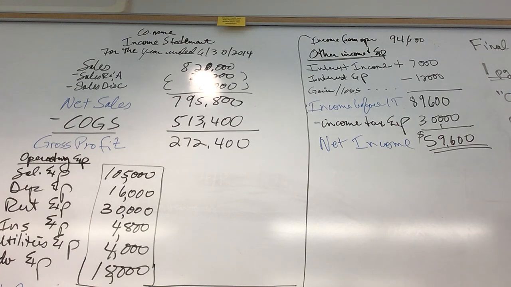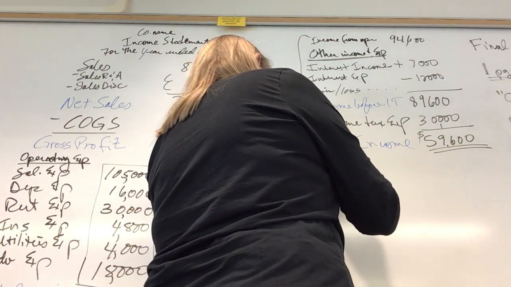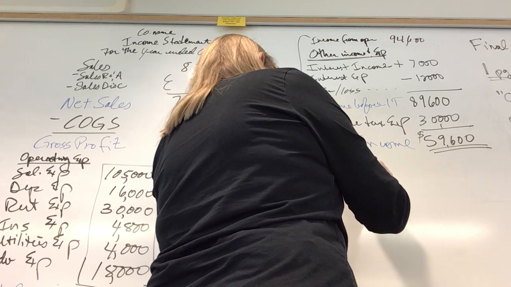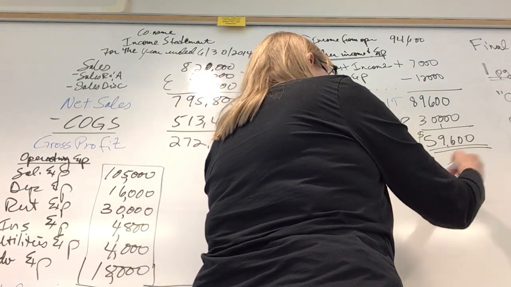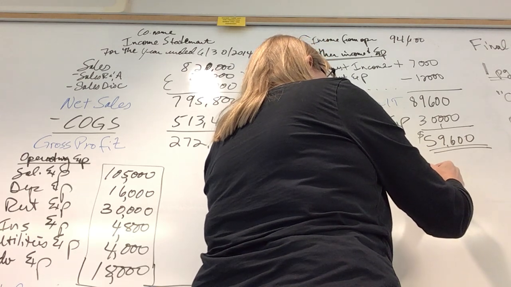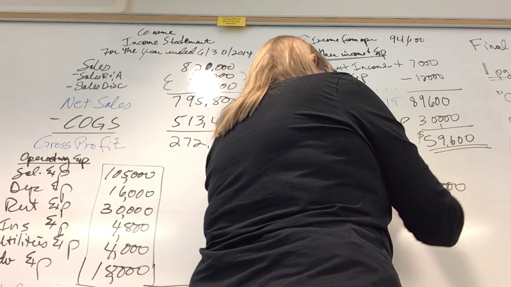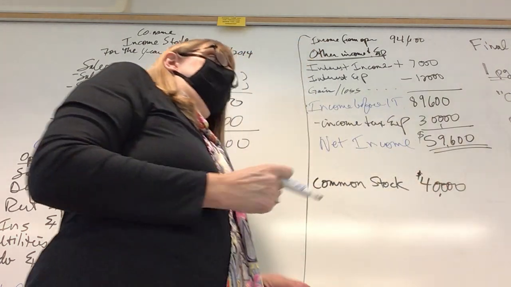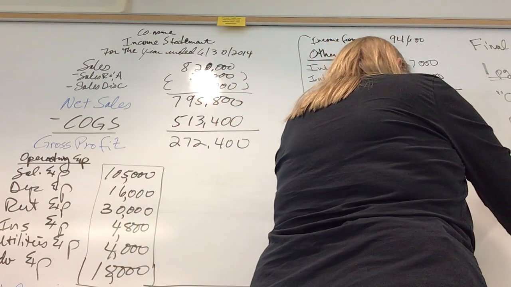So what does that mean when you do your statement of shareholders' equity? Is there already common stock in there? Yeah, and the common stock number, let's say that on the list of the adjusted trial balance information, let's say it was $40,000 for common stock. Is this the ending number or the beginning number? This is the ending number.